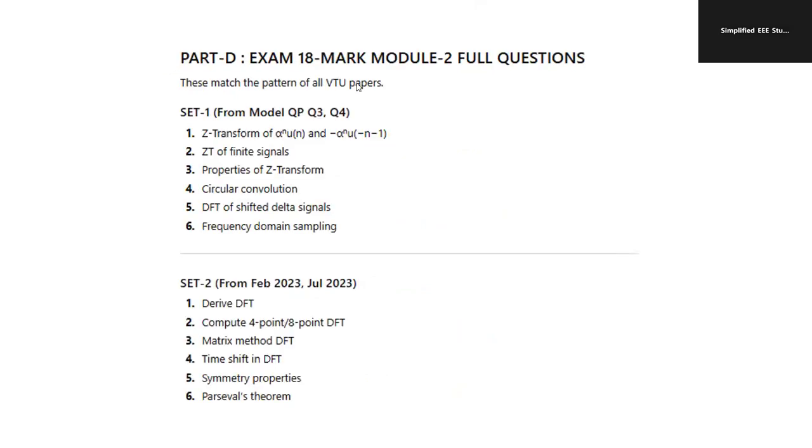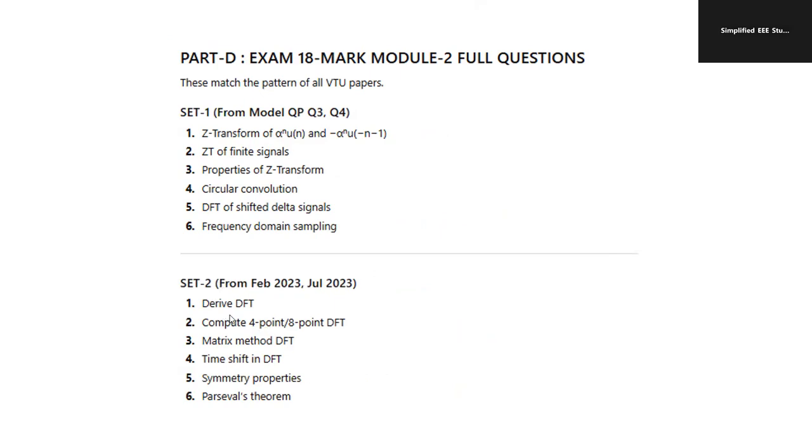Next, from set 1, you focus on the Z transform, Z transform for finite signals, then properties of Z transform, then circular convolution, then DFT, then frequency domain sampling. These are the most important things. Then other answers you can also go through.